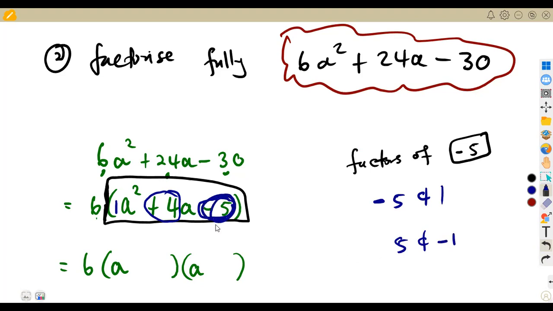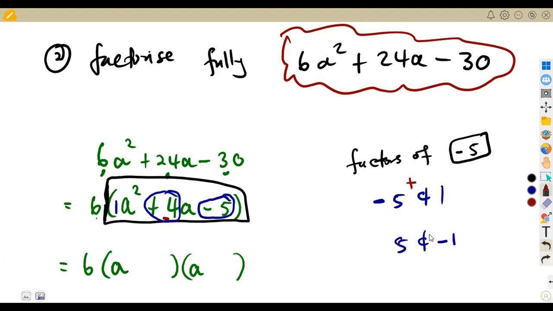Because the product here is a negative number, which are the factors of negative 5, it means in order for you to have negative 5, between the two numbers that you have, one of the two numbers has to be a negative, because you are multiplying these numbers. So if you multiply, one of the numbers has to be a negative in order for you to get a negative at the end. But we are saying if we add them, they must add up to positive 4.